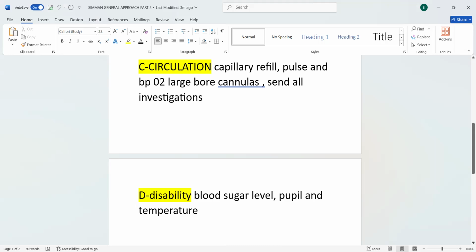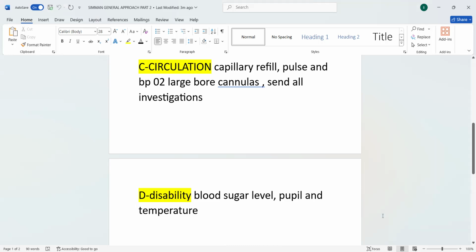If the blood sugar level is low or very high, then the examiner will tell you that the blood sugar level is 1.5 or 6.5, something like that. Or if his temperature is like 40, 39, the examiner will tell you that the temperature is 39 Celsius. If the temperature is normal, then the examiner will not tell you anything else.